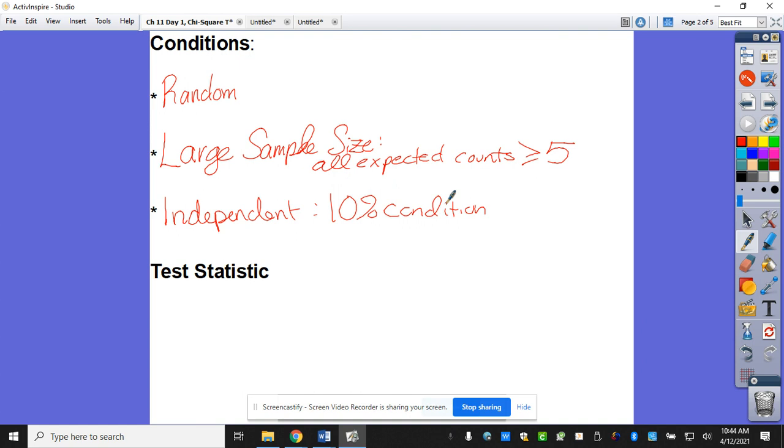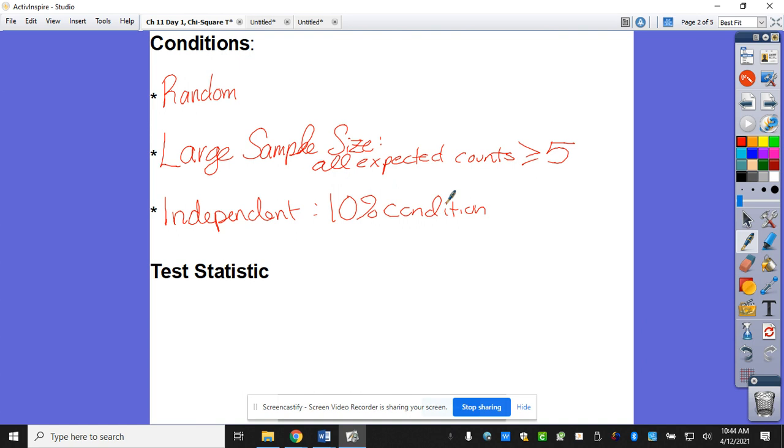But I'm saying that because since we're doing a chi-square test of independence to see if they're independent, I can see how that's confusing that we are checking off in the middle that it is independent. And random, we're checking random selection, random assignment. Most of the time we're going to be dealing with random selection for these though.